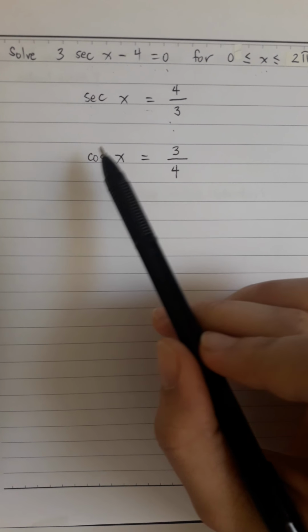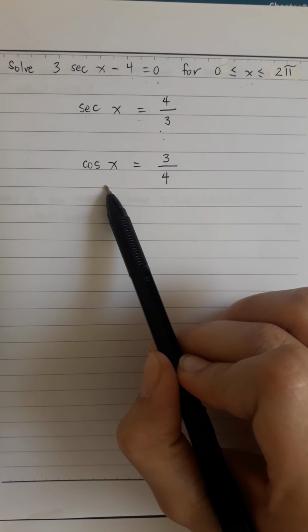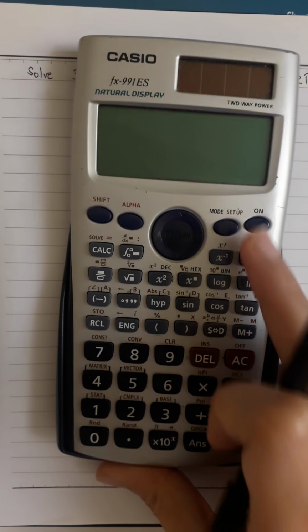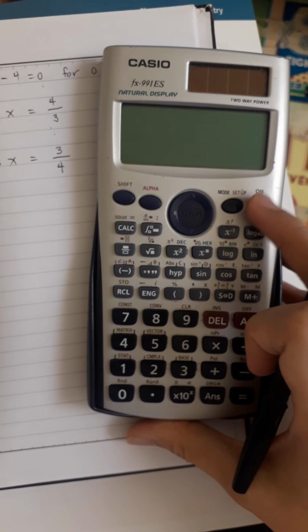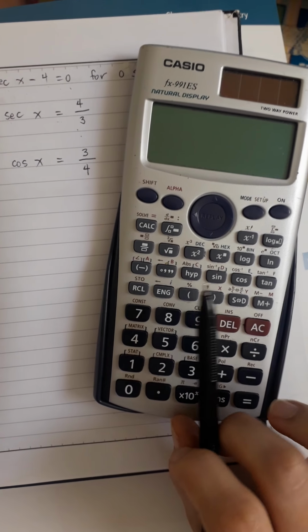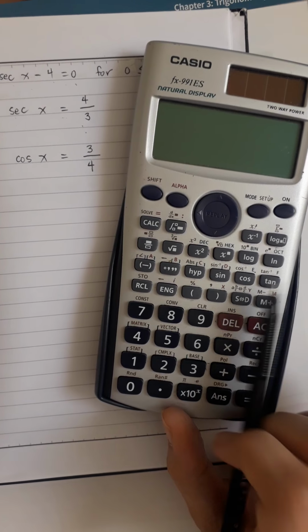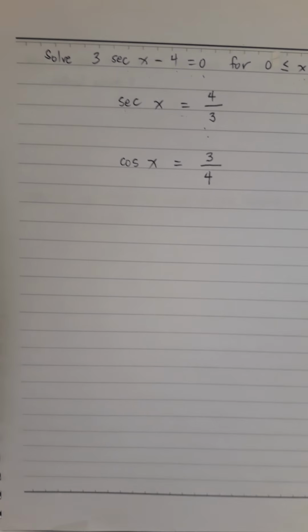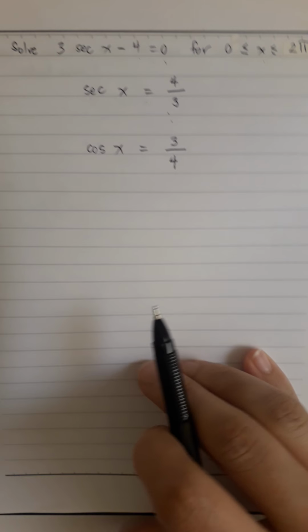Why do we need to change secant to cosine? Because our calculator, which we will use later to solve for the value of x, only has sine, cosine, and tangent. It doesn't have secant function. Okay. So here, we are now ready to get the value of x.